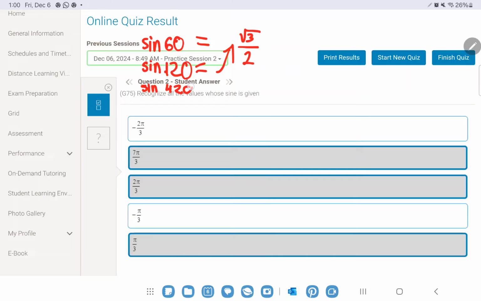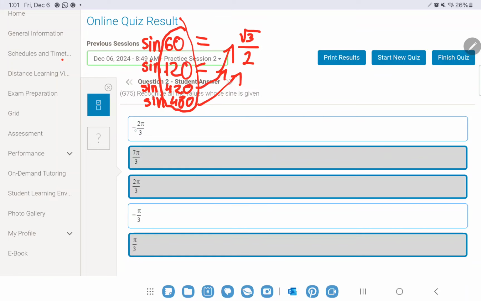So sine 420, and sine 120 plus 360, sine 480, all equal this. So now we need to find which answers are these.